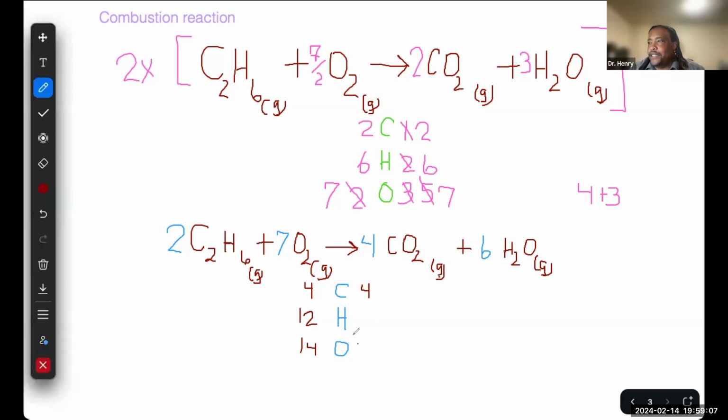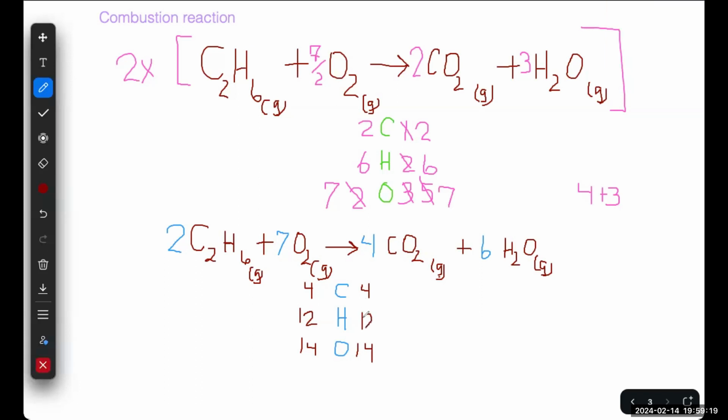Okay, so that's 14. And then for our hydrogens, we have 6 times 2, 12. Okay, so what we put in, we have to get out. So it's balanced, right?